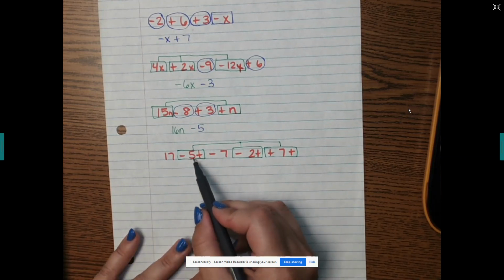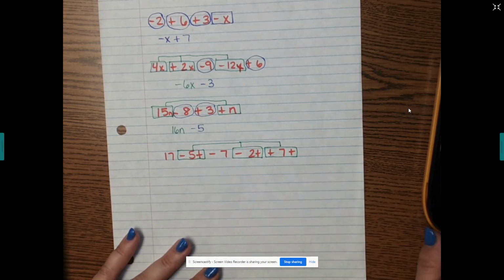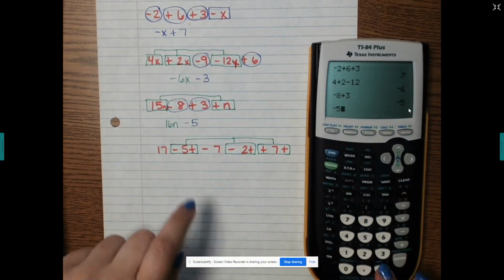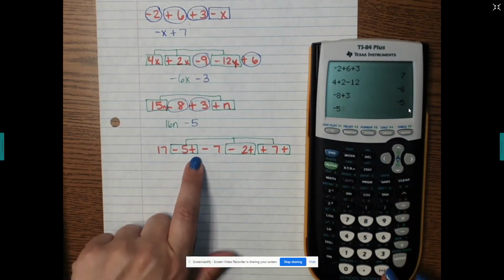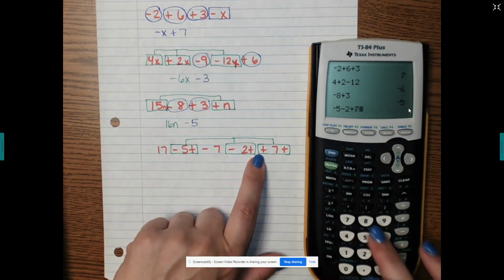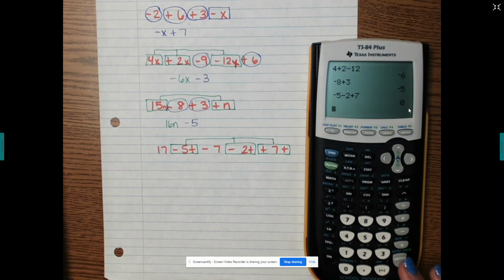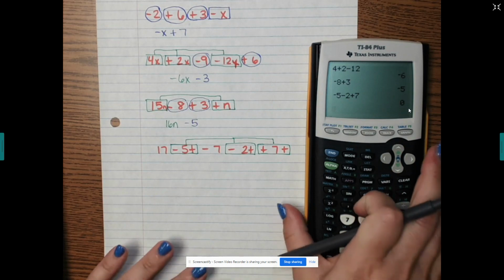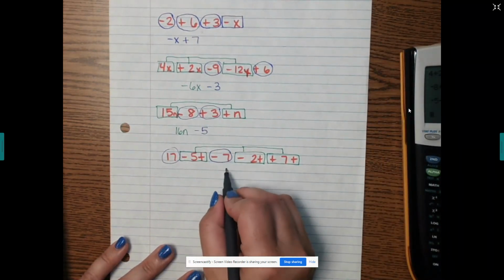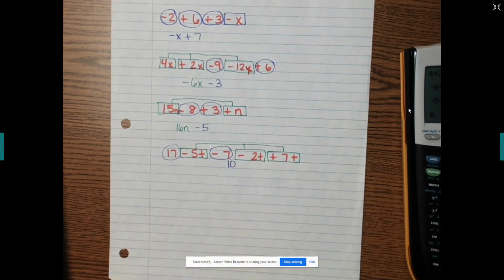It is okay. Sometimes you're going to have 3 or 4. So negative 5 minus 2. Again, if I don't know my integer rules, I'm going to use my calculator. Negative 5. Now because I'm going here, it's a minus 2 plus 7. That equals 0. So my t's actually canceled out. Okay, so I don't write 0t because there's nothing left. Then we have 17 minus 7, which is just 10.